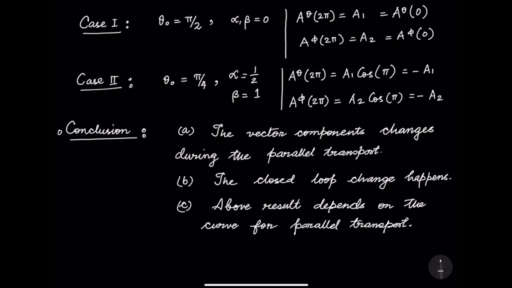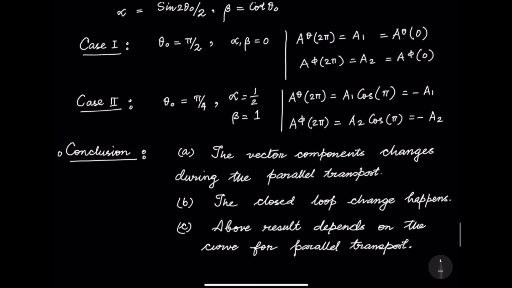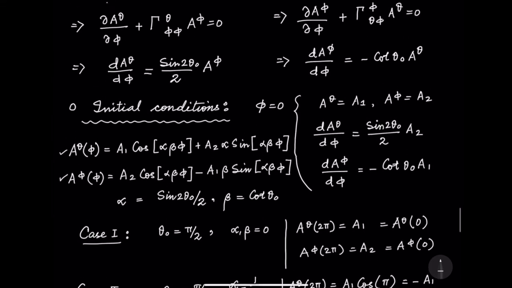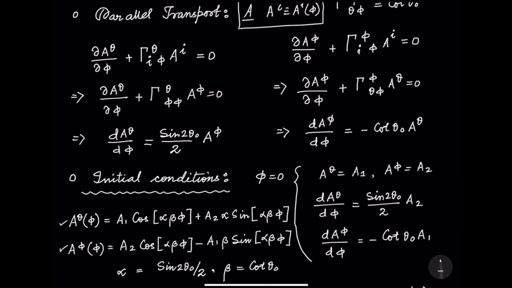You see, finally we have come up with an example where all three are true. The components of the vector change all along the parallel transport. It becomes different after rotating by 2 pi, after full rotation, and this result, how much it will change after a full rotation, depends on the value of theta naught, which curve you are in.